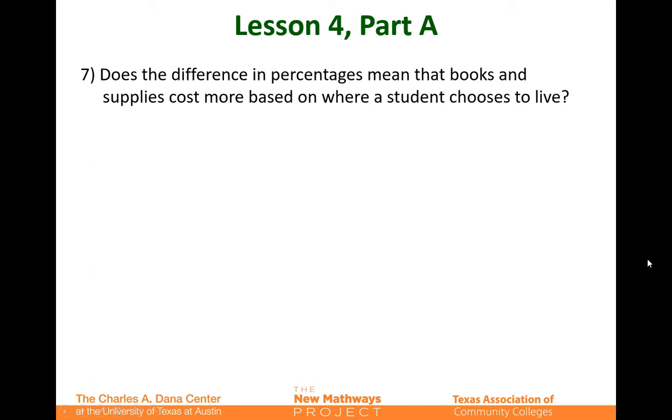Does the difference in percentages mean that books and supplies cost more based on where a student chooses to live? And the answer to that is no. It costs the same at both places.